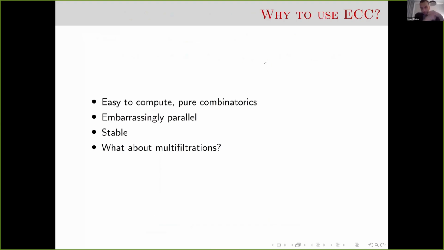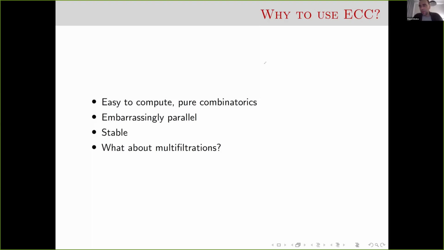But there are more. They are very easy to compute. So in computer science, we say that the computation is embarrassingly parallel. So you have a very huge point cloud. What you can do is construct your complex locally. And if you make sure that you don't double count your simplices, you can do your computation in a totally distributed way without servers needing to communicate and still get good results.